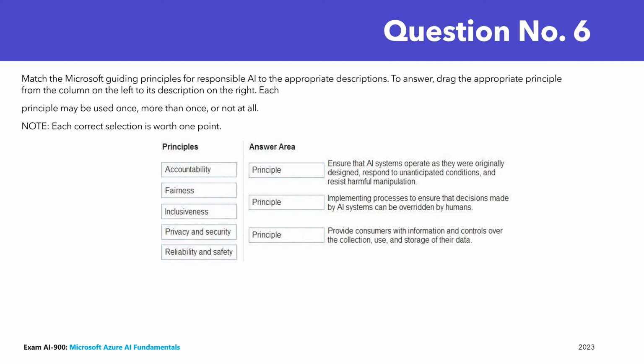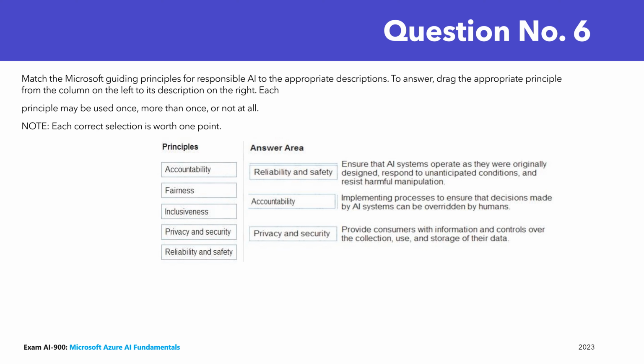Match the Microsoft guiding principles for responsible AI to the appropriate descriptions. To answer, drag the appropriate principle from the column on the left to its description on the right. Each principle may be used once, more than once, or not at all. Note, each correct selection is worth 1 point. 1.